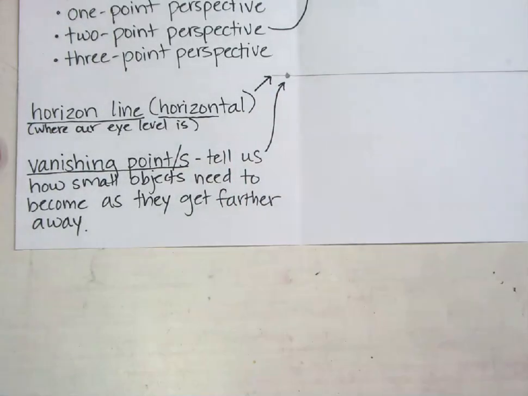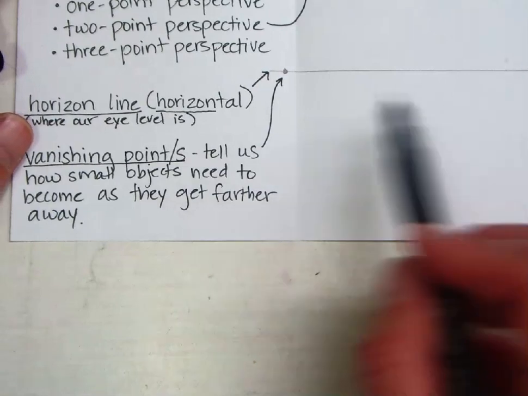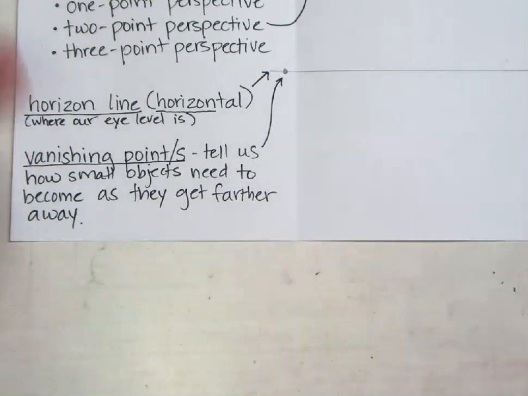Your arrows, I would just make sure that they're not really in the middle of the vanishing points. Make sure they are on the outsides of the vanishing points.